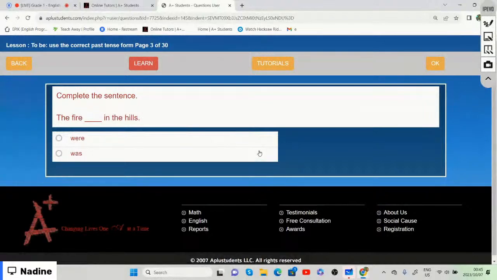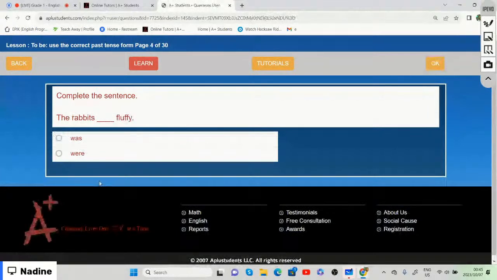So we are referring to the fire, right? And then we can say the fire was in the hill. All right, the last one. The rabbits, referring to more than one animal. Do we say the rabbits was fluffy, or the rabbits were fluffy?